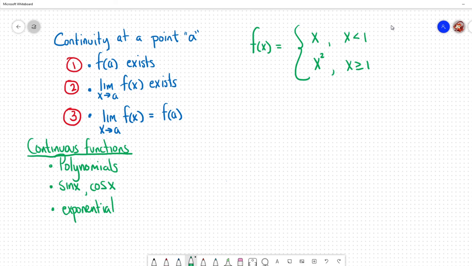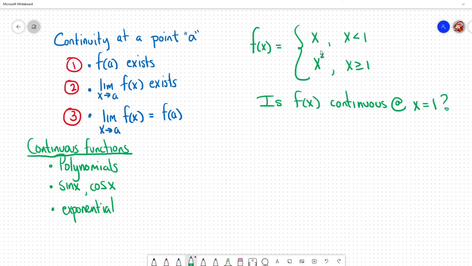There might be parts to it where there's a jump or the two pieces don't connect. So we want to check this here and prove, is f of x continuous at 1? That's the question, because that's where the break is happening.